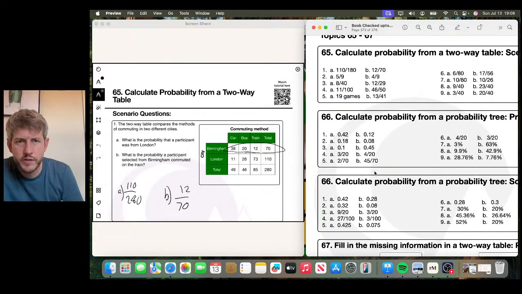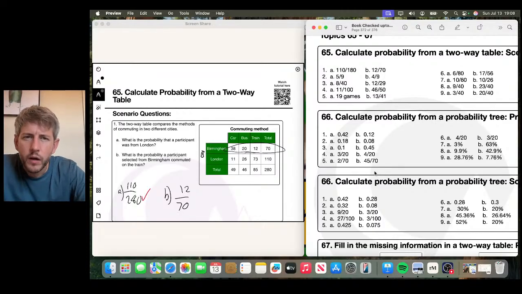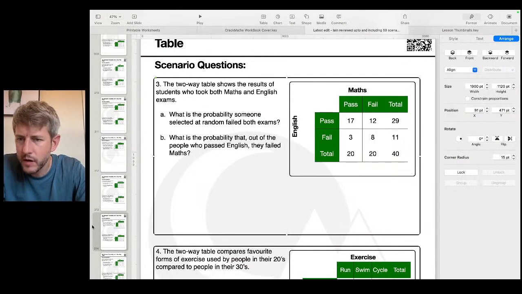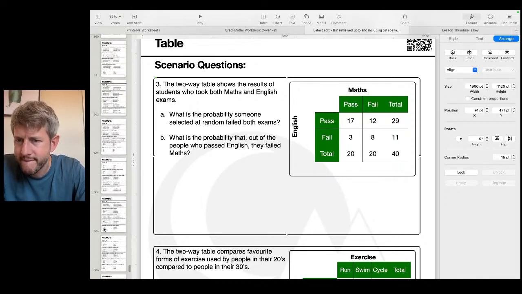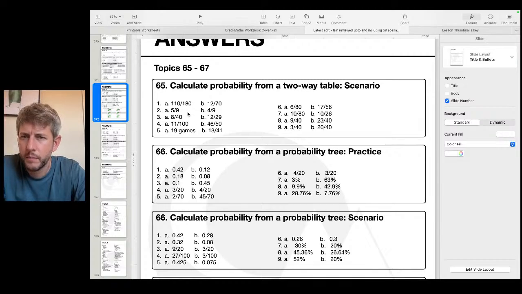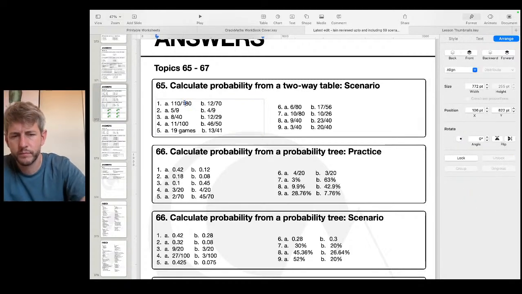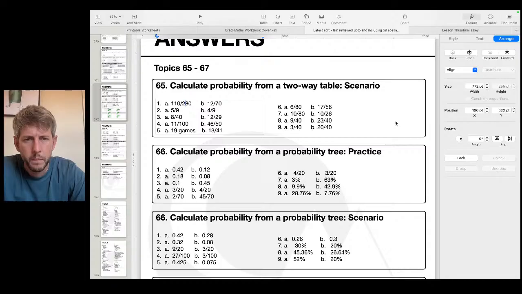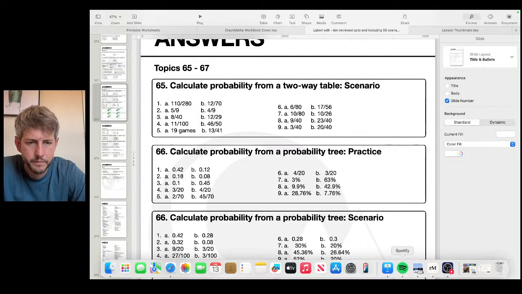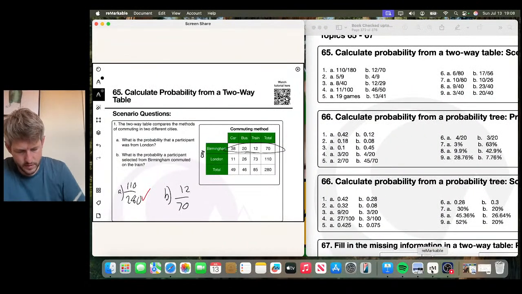So we've got 110 out. Oh, that's a mistake in the answers. That should say 280. Okay, so let's get to the answers. 110 out of 280. 12 out of 70.